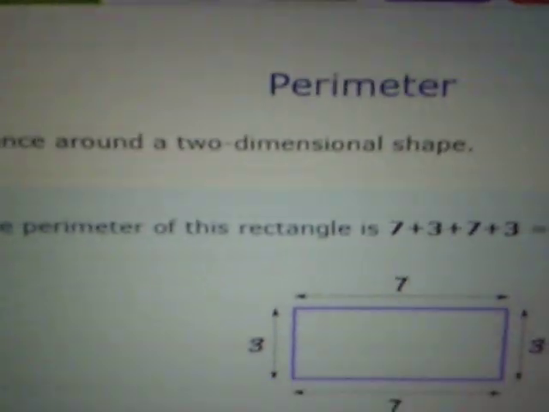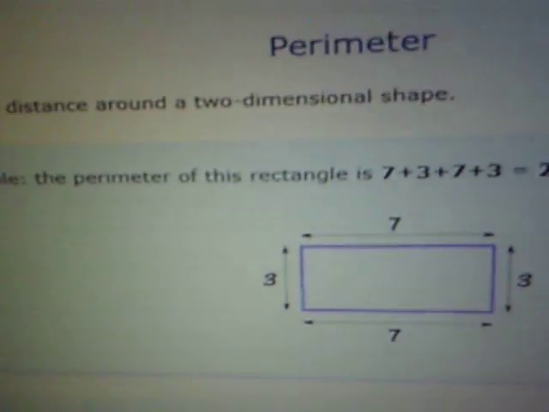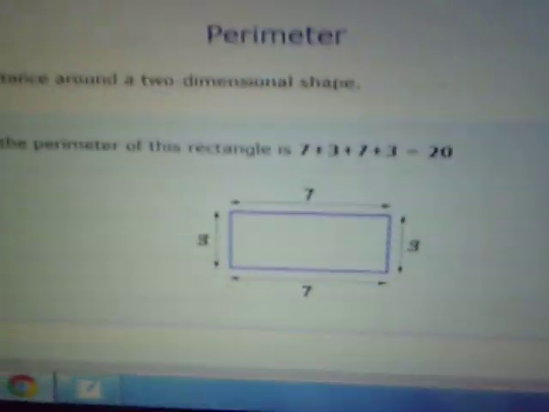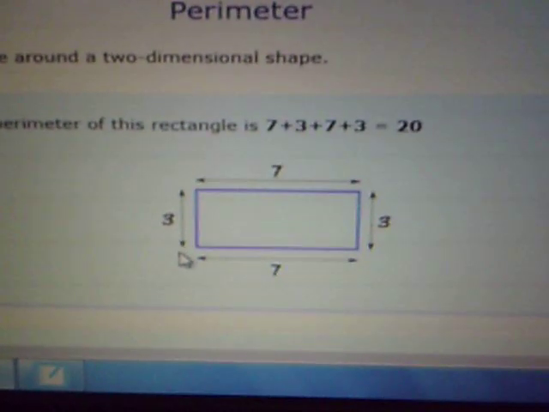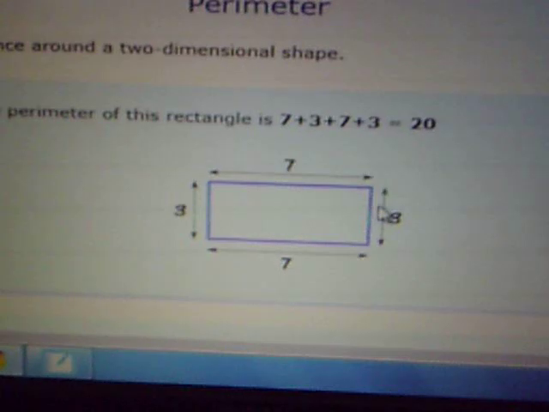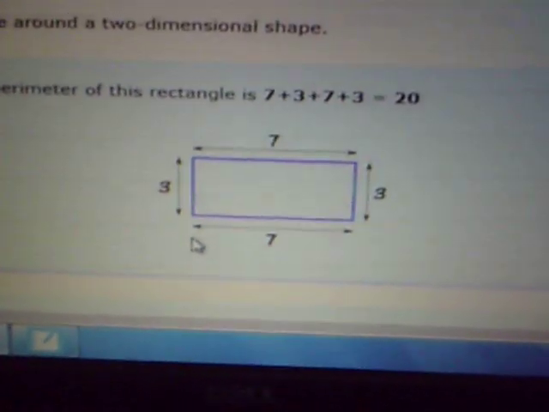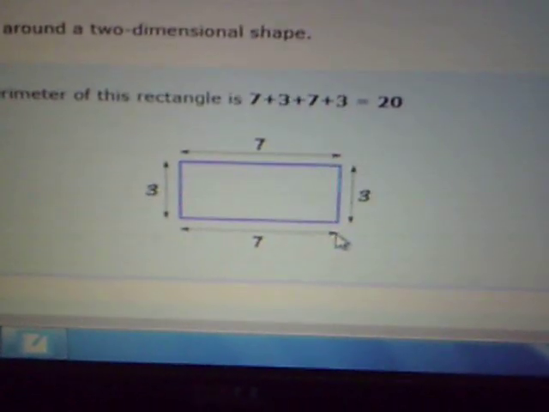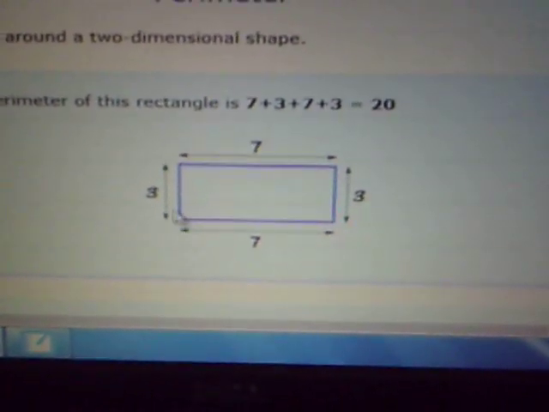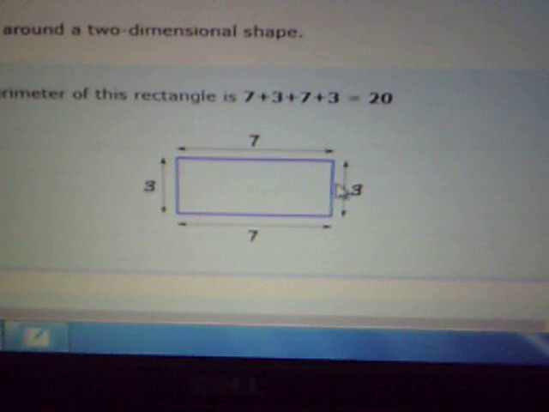Next, of course, is the perimeter, and the perimeter is different than area. Whereas the area represented the space inside the shape, the perimeter represents the distance around the outside of the shape. Perimeter can be thought of as walking around a track, or building a fence around a yard.